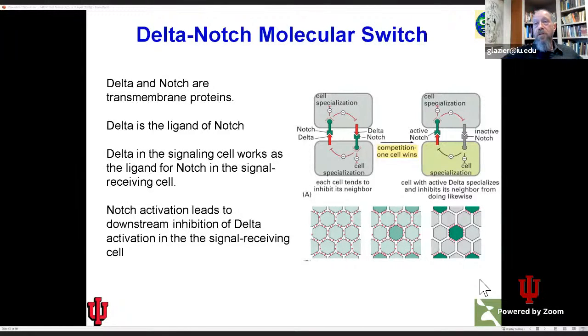There's also some additional complexity: delta and notch on the same cell bind to each other and inhibit each other. So if you have a certain amount of delta and notch, they annihilate each other and leave whichever one they had more of. So there's also a cis interaction, which we're not going to model.